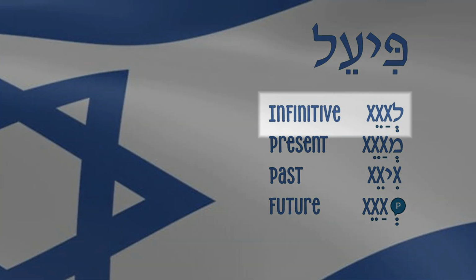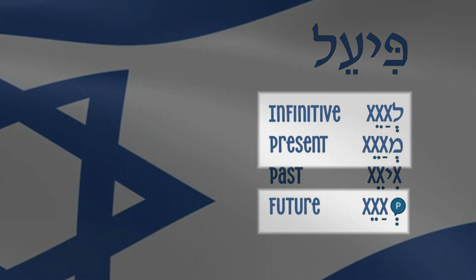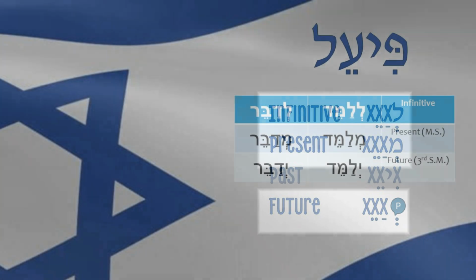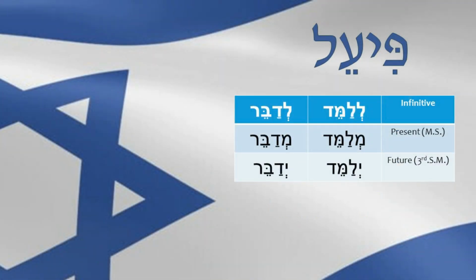Pi'el. The infinitive, the present, and the future all have an e vowel pattern. And the present tense has a mem prefix. So if you have, for example, the verb meaning to teach, in the infinitive, you're going to have lelamed. In the present, you're going to have melamed.